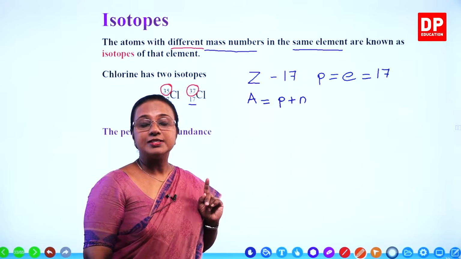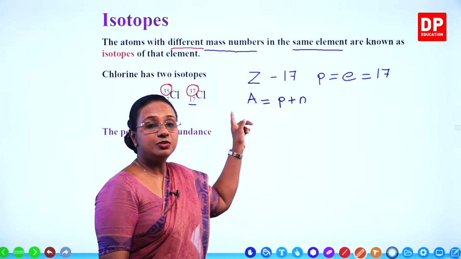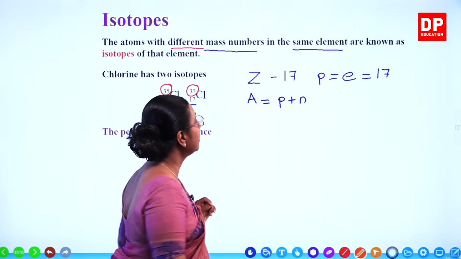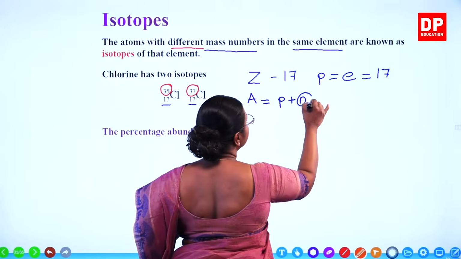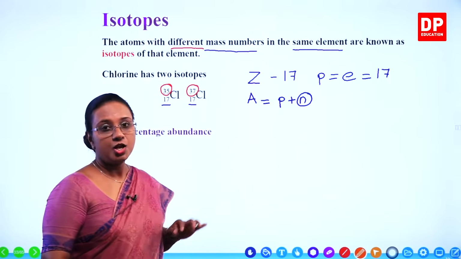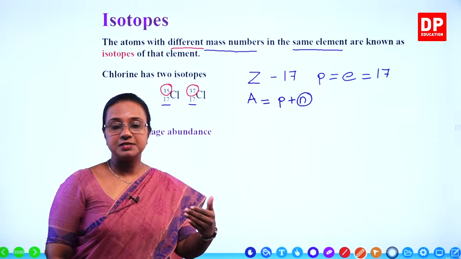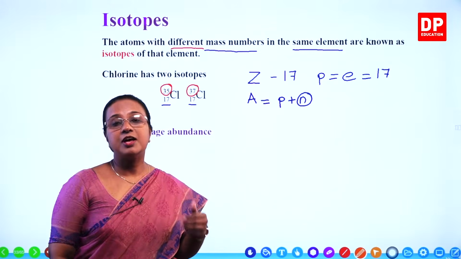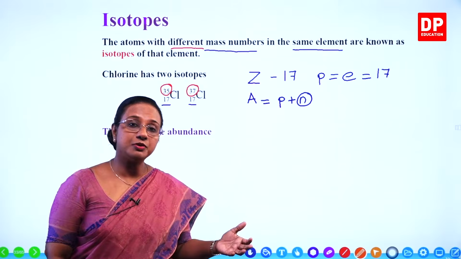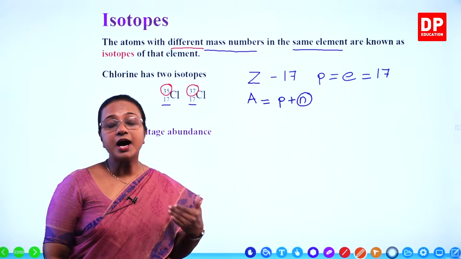So, what's the difference? The two atoms have a different number of neutrons. So, atoms of an element with different mass numbers, because they have different numbers of neutrons, are called the isotopes of an element.